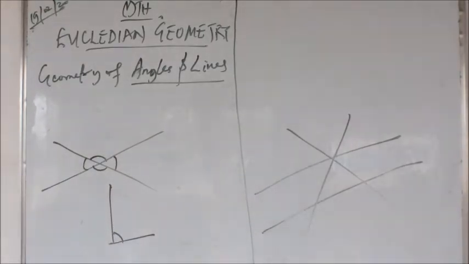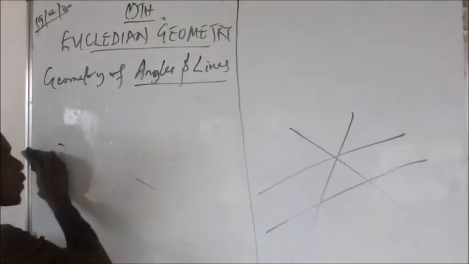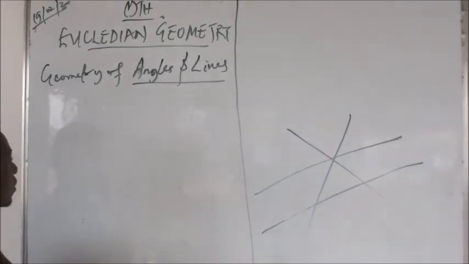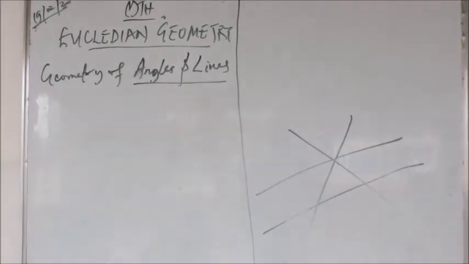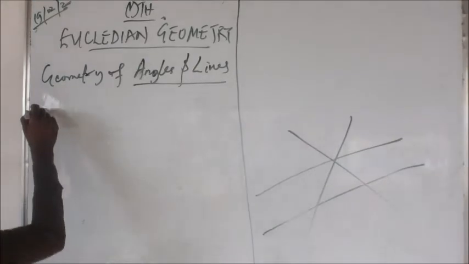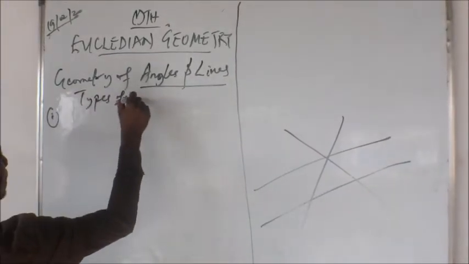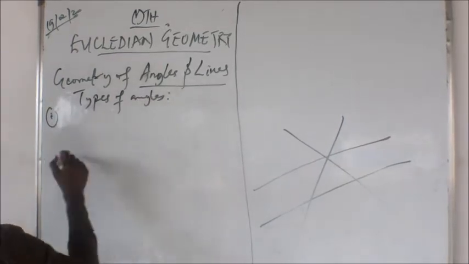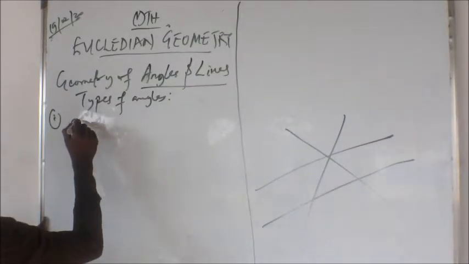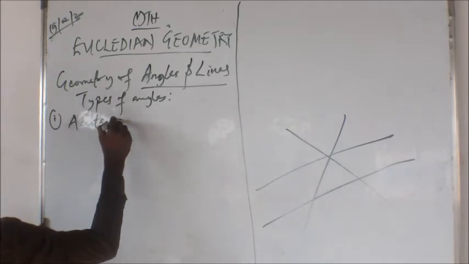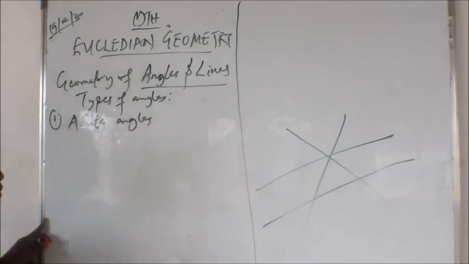So now we have types of angles. We have acute angles.